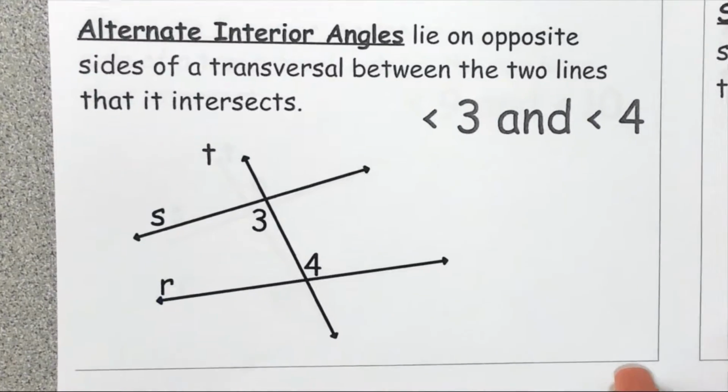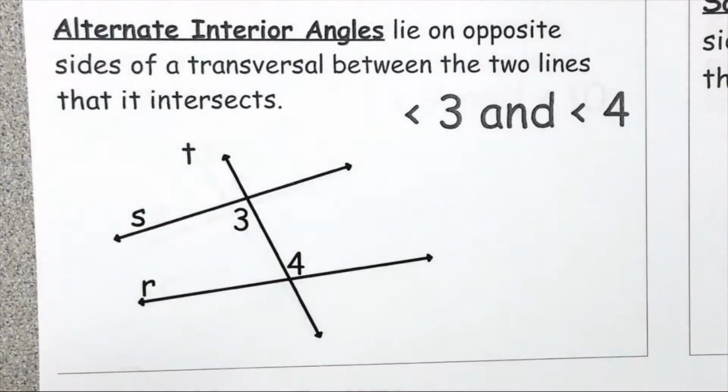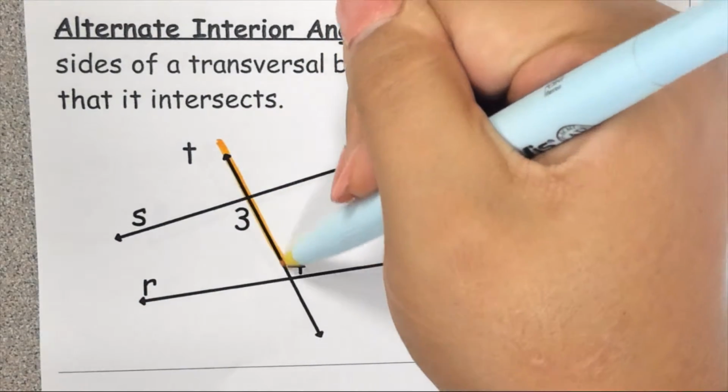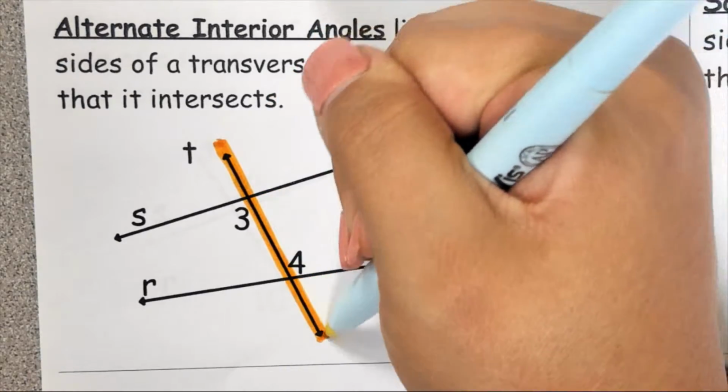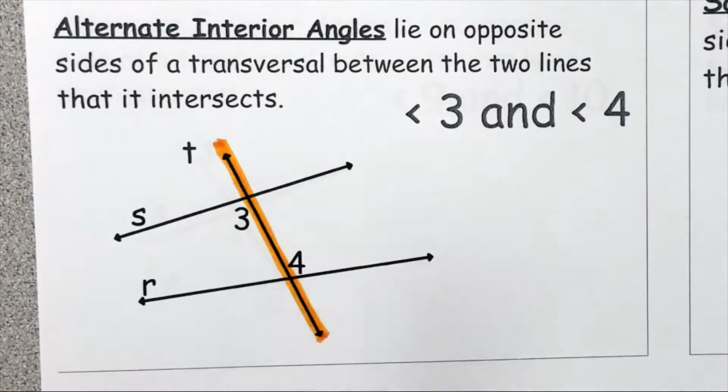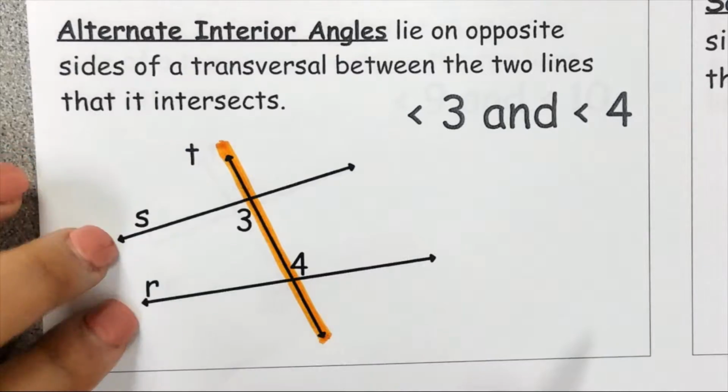All right, next we have alternate interior angles. So alternate interior angles are angles that lie on opposite sides of the transversal. So remember, my transversal is T right here. If they're alternate, they're on opposite sides, but they're inside these 2 lines right here.